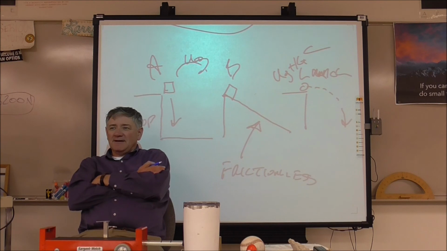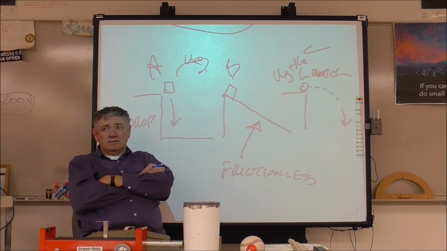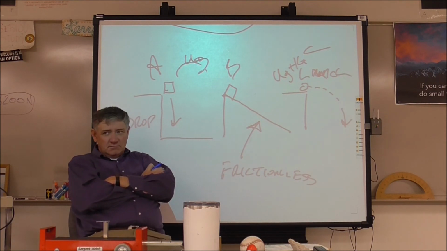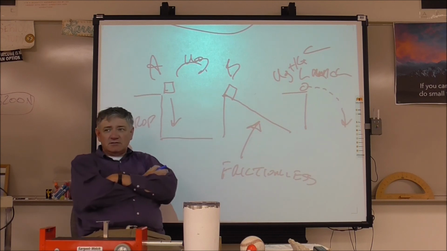Because it has more kinetic energy going with it, versus A. What type of energy does B have initially? Oh, potential.